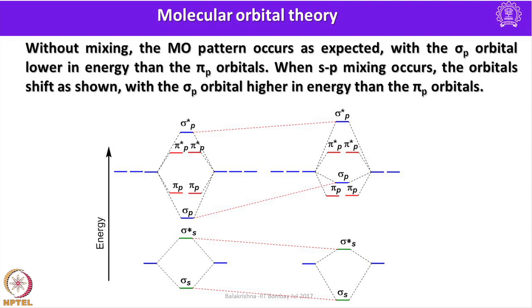Due to the mixing, the sp mixing occurs, and the orbital shift is shown here. So, the sigma orbital will be higher in energy than the pi p orbitals.